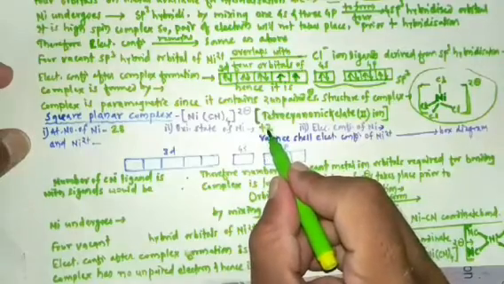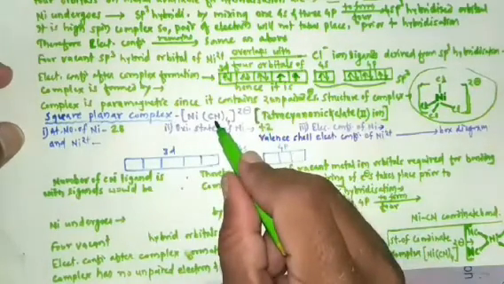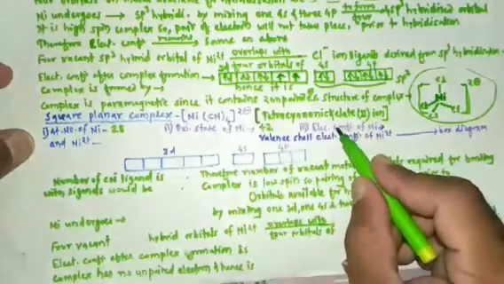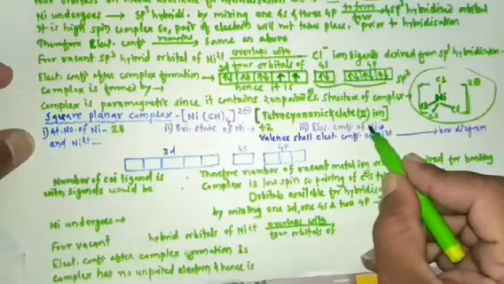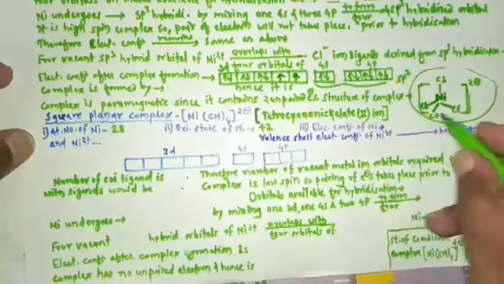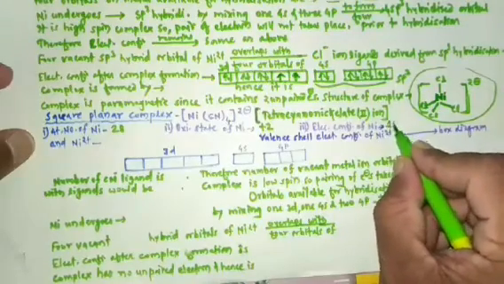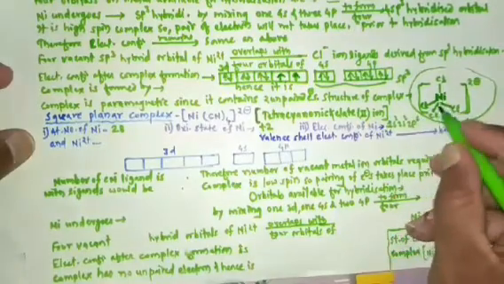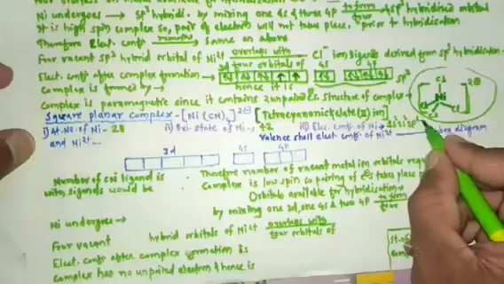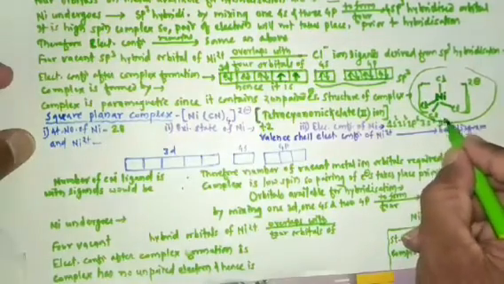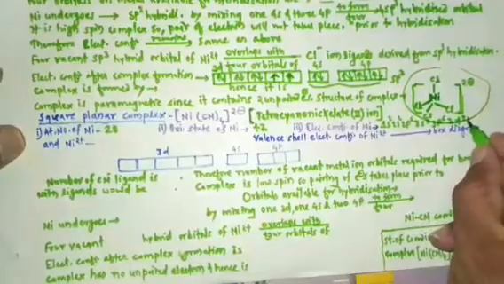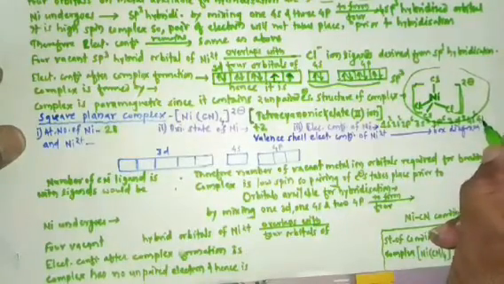Then the electronic configuration of nickel is 1s2, 2s2, 2p6, 3s2, 3p6, 3d8, 4s2 and 4p0.